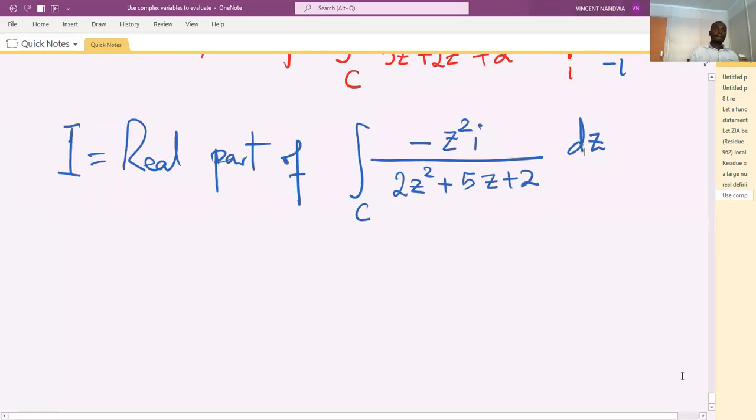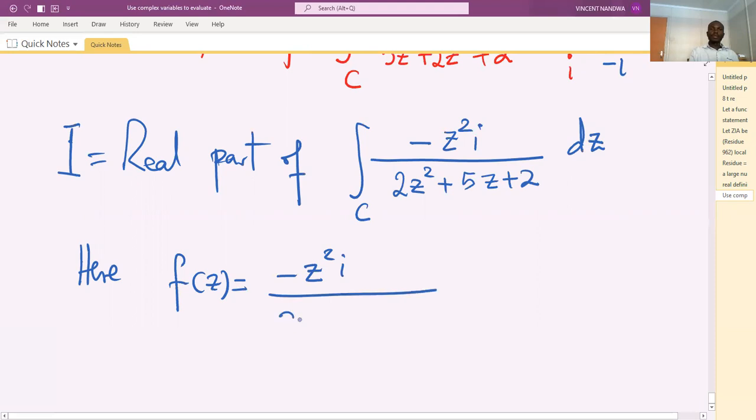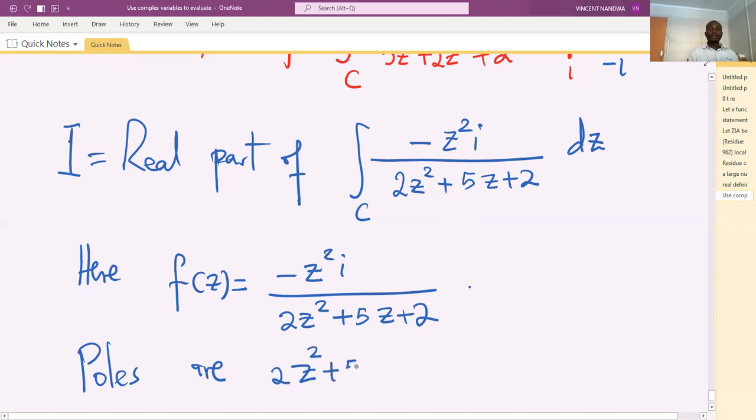Now here, f of z is negative z squared i over 2z squared plus 5z plus 2. So poles are, you take the denominator of f of z and then you equate to 0.